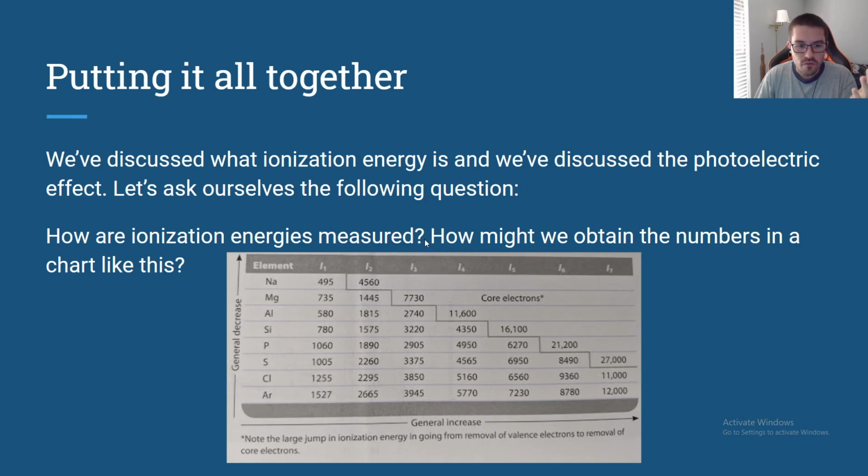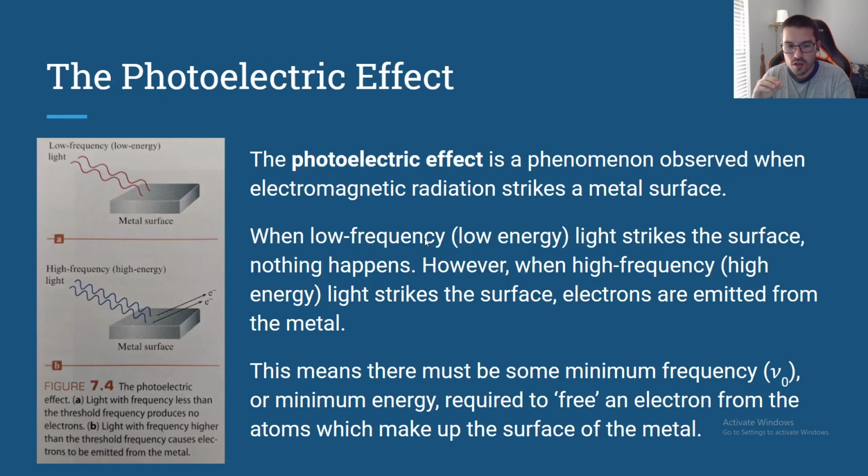So how on earth could this happen? Well, let's think about it. If we can use this idea of the photoelectric effect, think of what I was talking about before, having a dial. If we could dial up the frequency that we're shooting at a metal surface, and if we could notice exactly when the electrons start being emitted, then we could look at our dial and say, oh, it's right here.